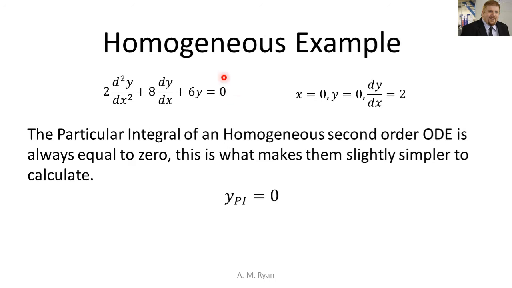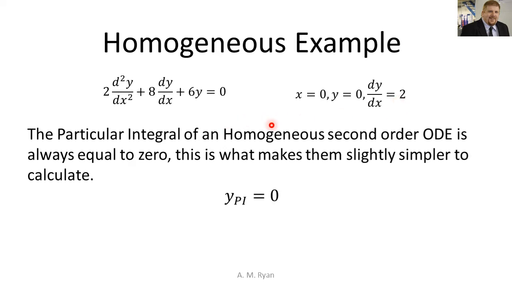Now if you are asked to find the general solution for a second order differential equation, you may not be given this part in a question. If you're asked to solve it, you will always be given these, which are the boundary conditions. So what we're saying is, for this equation, when x equals 0, y equals 0, and dy over dx equals 2.